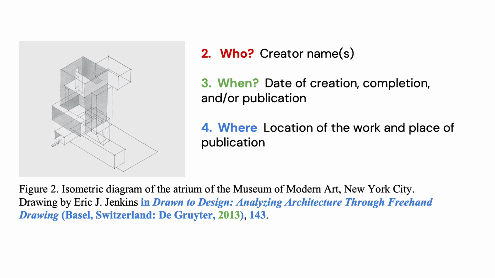I know this figure is located in Drawn to Design, Analyzing Architecture Through Freehand Drawing, which was published in, open parentheses, Basel, Switzerland, by De Gruyter, comma, when? In 2013, close parentheses, comma, on page 143.